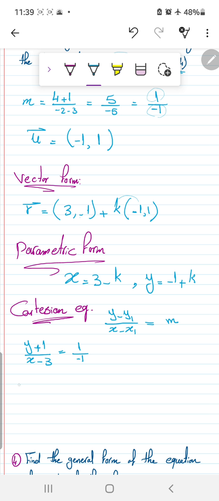Cross multiplication: negative y minus 1 equals x minus 3. Collect x and y together, so negative x minus y, negative 1 plus 3, positive 2 equals 0.